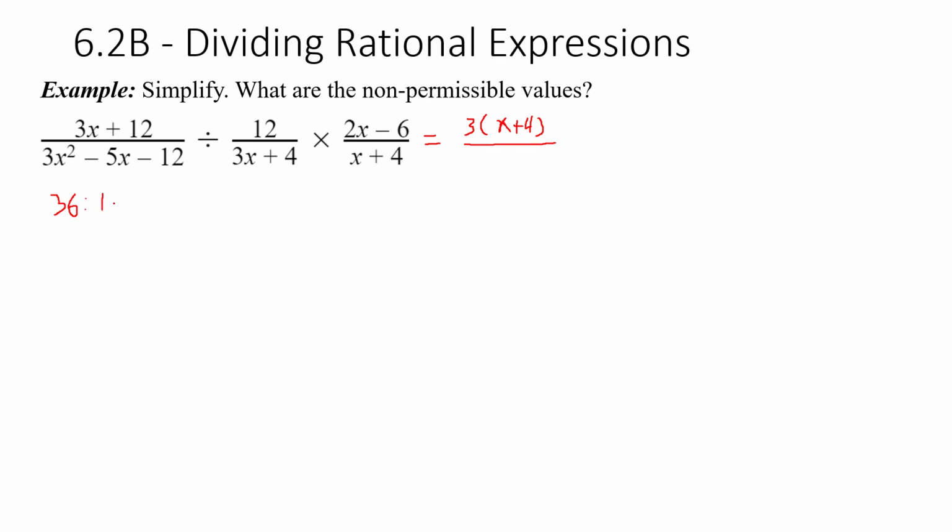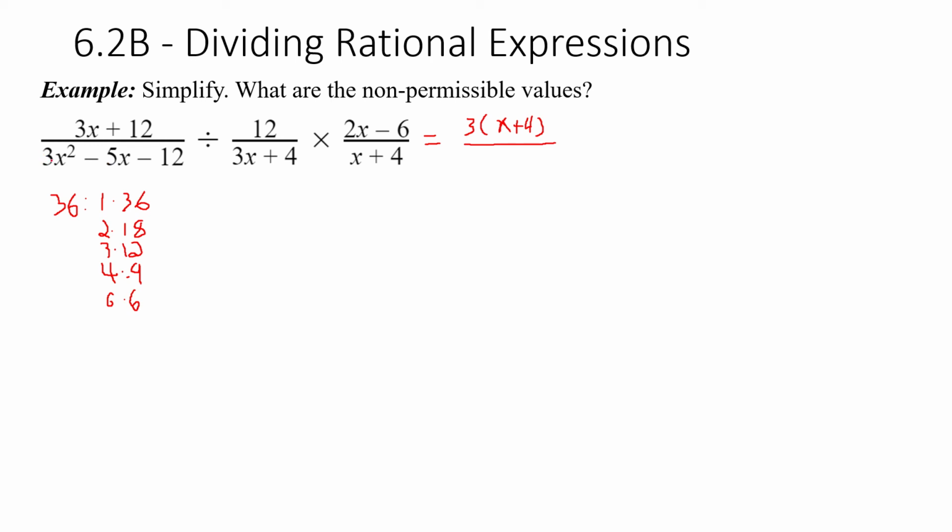So our factors of 36 are 1 times 36, 2 times 18, 3 times 12, 4 times 9, and 6 times 6. The combination that can possibly give you the negative 5 is if you had the 9 and 4 together. So negative 9 plus 4 would give you this.